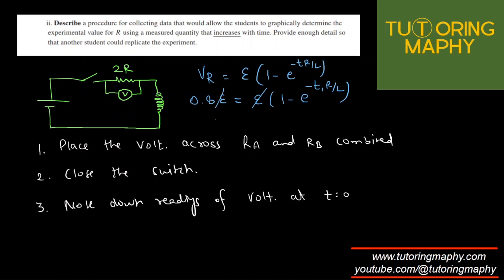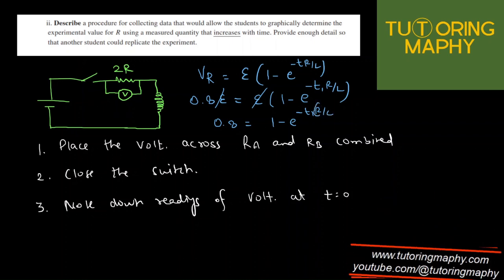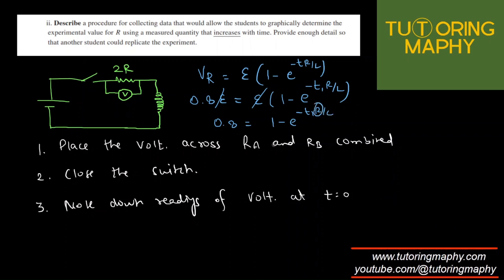This E and E will be gone, and we will be left with 0.8 is equal to 1 minus e raised to minus T1 R over L. And in this equation, the only unknown is R. So we can solve for it, right? So there's no need to note down the readings of the voltmeter at t equal to 0. Maybe we can, just for the sake of graphing it, but not required for the calculation.